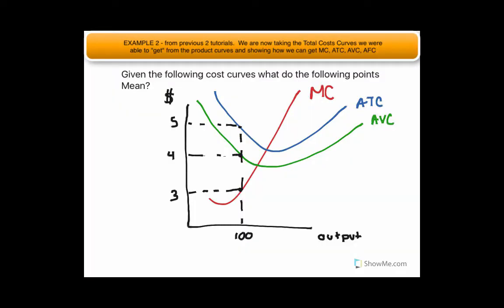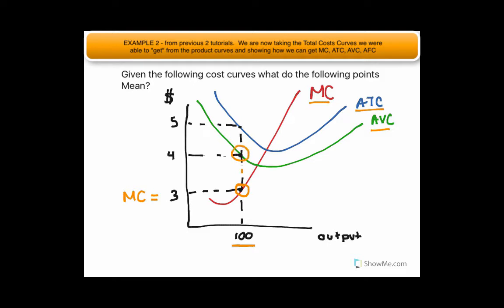So now we're going to look at using a diagram to determine these values. So here we have drawn the marginal cost, average total cost, and average variable cost. So now from looking at this graph, we can determine each of those values just by looking at where they intersect at output 100, and that's important. So at output 100, marginal cost is equal to 3 because that's where it intersects at that output.